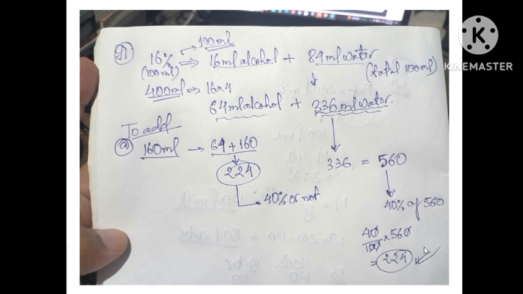That is option A. If you look at the other options, suppose option C is 128. Then 400 plus 128 will be 528, and the amount of alcohol will be 128 plus 64, which is 192.